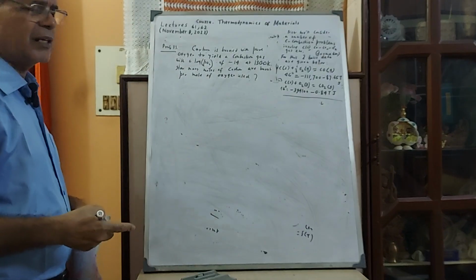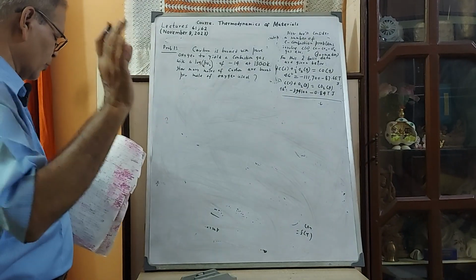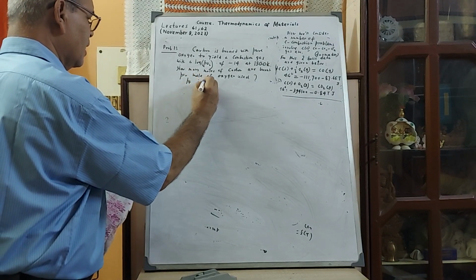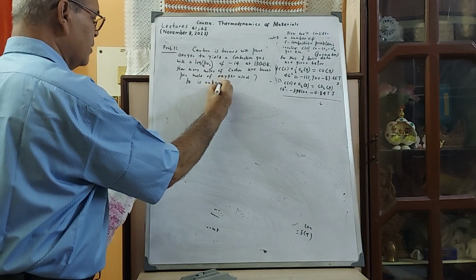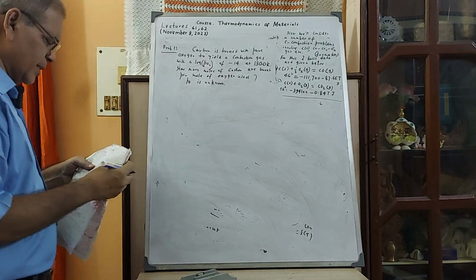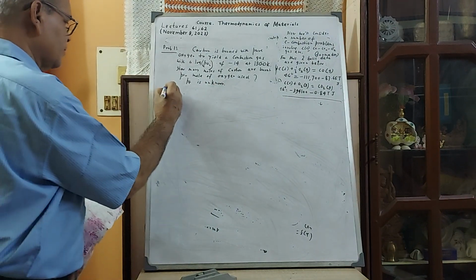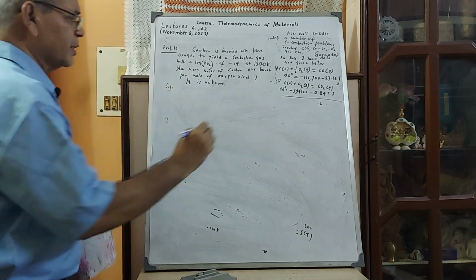Oh, that data I have removed this, but I am writing this. Don't worry. PT is unknown, right? I am very sorry that I have removed that data, but since we have already done this, C plus O2, start solution. Oh, sketch is necessary.